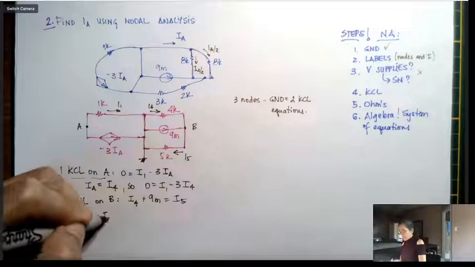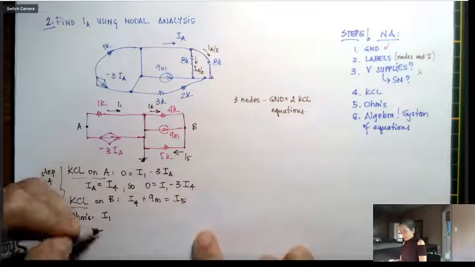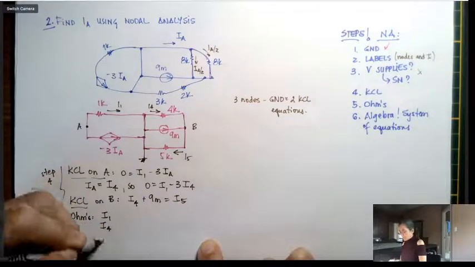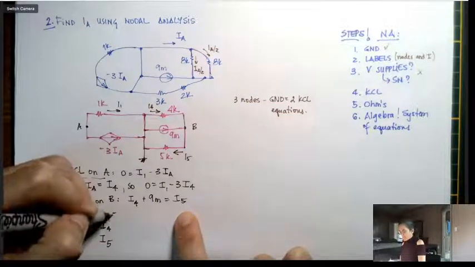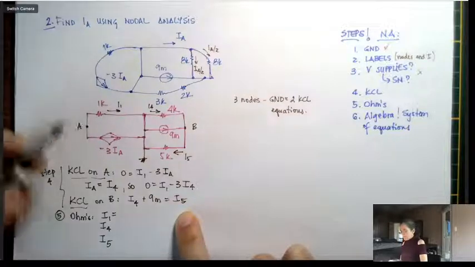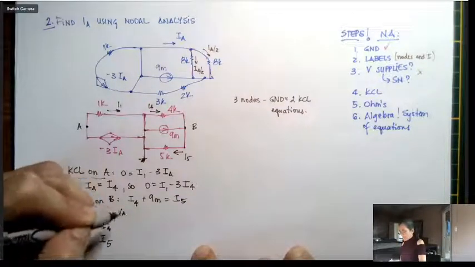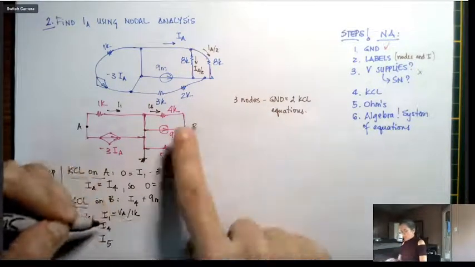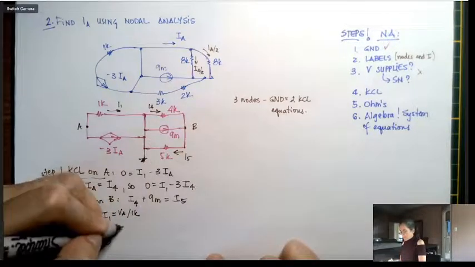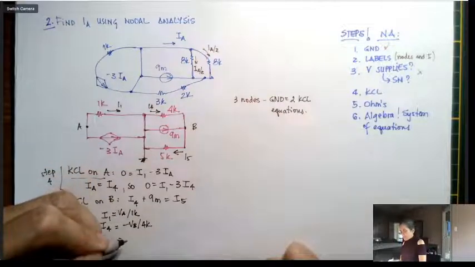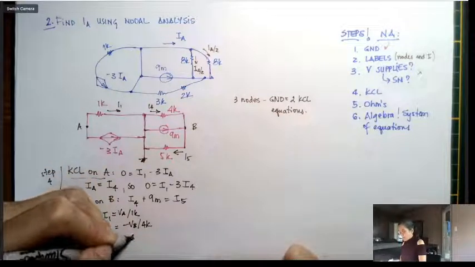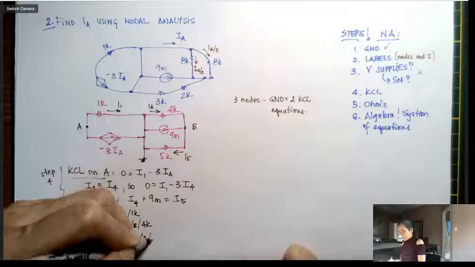I want to define I1, I4, and I5. So I1 is going to be VA divided by 1K. I4 will be minus VB divided by 4K. And I5 is going to be VB divided by 5K.